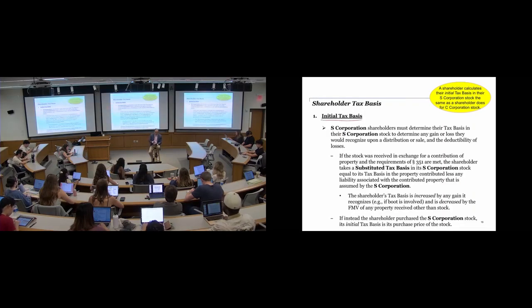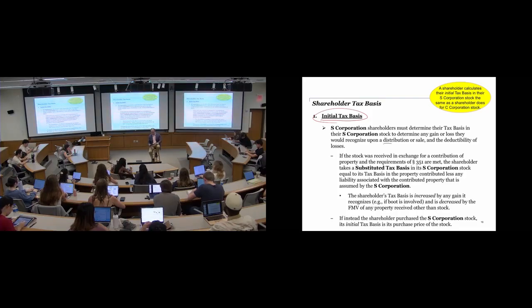Okay, let's shift to tax basis. So our initial tax basis: S corporation shareholders determine their tax basis in their S corporation stock to determine any gain or loss they would recognize upon distribution or sale, and the deductibility of losses. That's the same rule as partnerships, right?